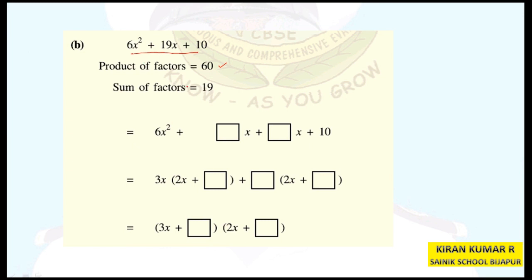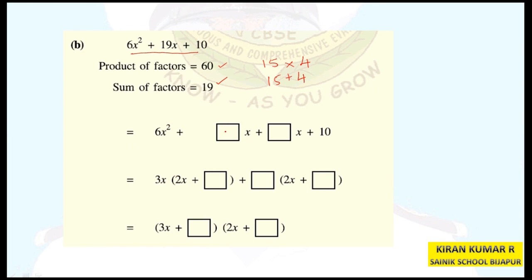Sum of the factors is 19. So now you should take two different numbers such that their product becomes 60 and the sum becomes 19. You must have guessed it. 15 times 4 is 60. 15 added to 4 is 19.